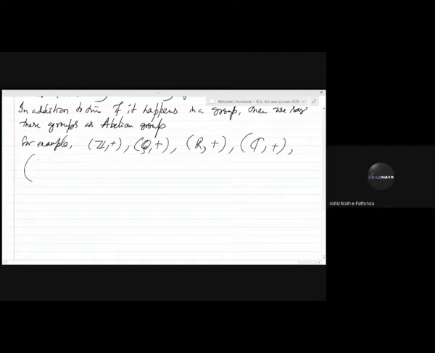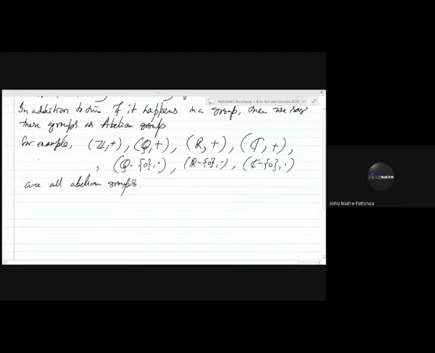If you consider Q minus 0 dot, R minus 0 dot, C minus 0 dot, these are all abelian groups, since addition is commutative and multiplication is commutative here, right?